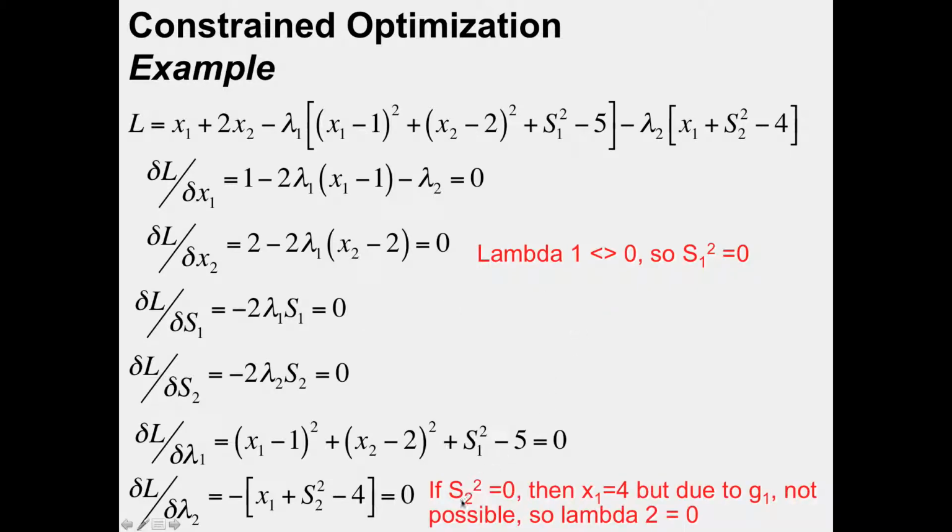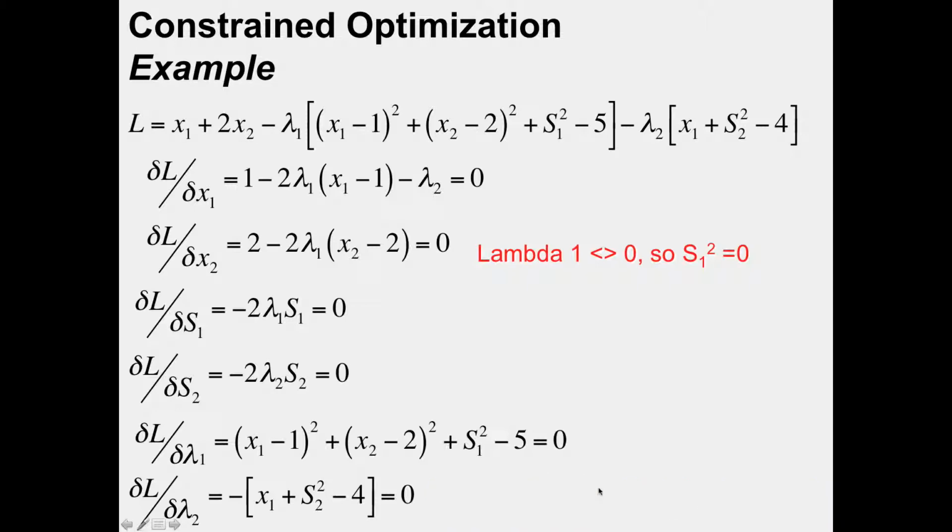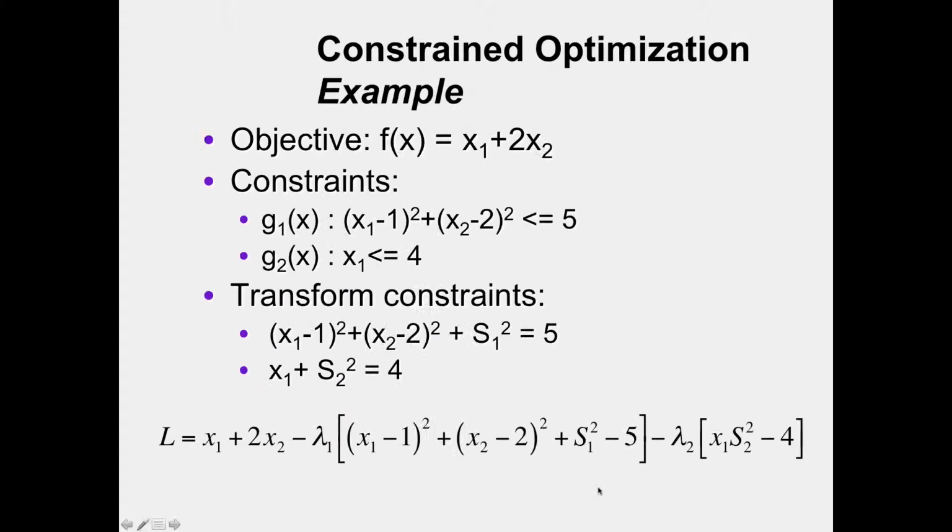And then down here, if s2 squared is 0, right, then x1 would need to be 4 to make this equality true. But that's not possible. And let me show you why. I'm saying x1 cannot be 4. If x1 is 4, that means this is 9 plus a positive quantity is less than 5.